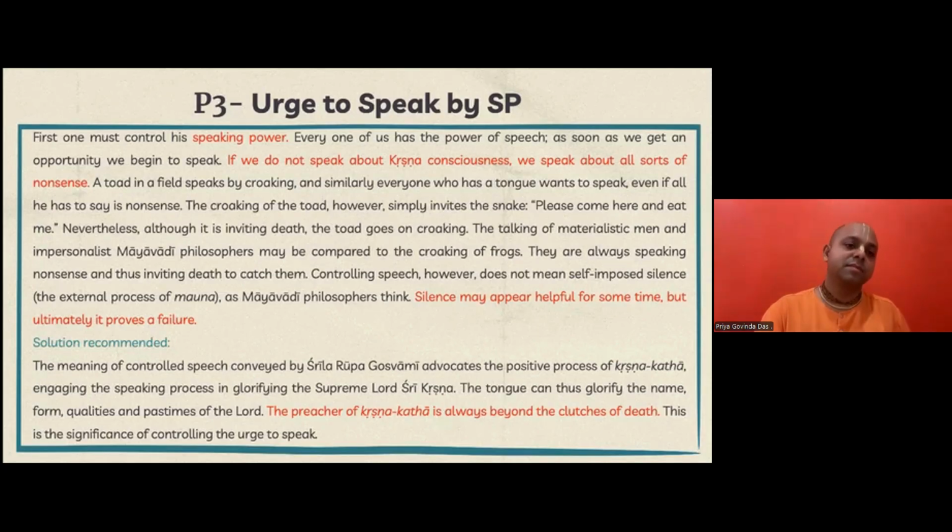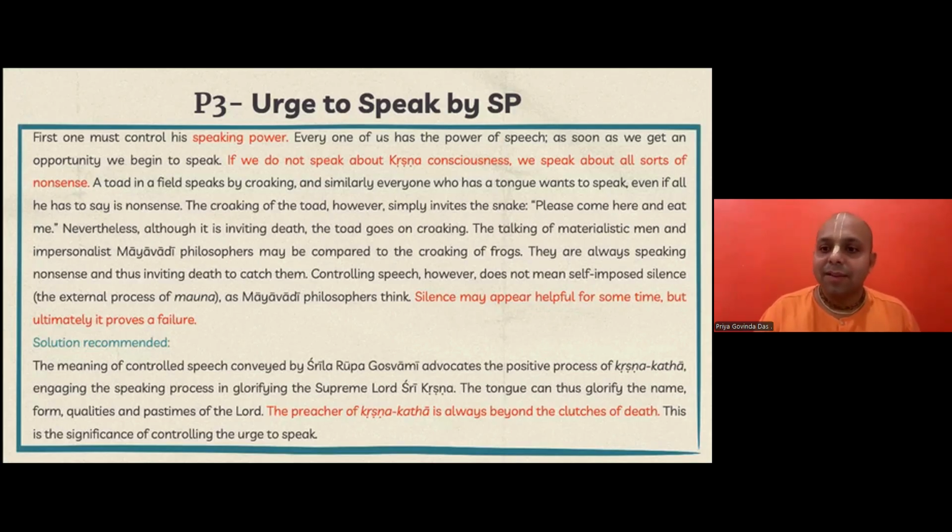The solution recommended by Srila Rupa Goswami advocates the positive process of Krishna Katha, engaging the speaking process in glorifying the Supreme Lord Sri Krishna. The tongue can thus glorify the name, form, qualities, and pastimes of the Lord. The preacher of Krishna Katha is always beyond the clutches of death. This is the significance of controlling the urge to speak.